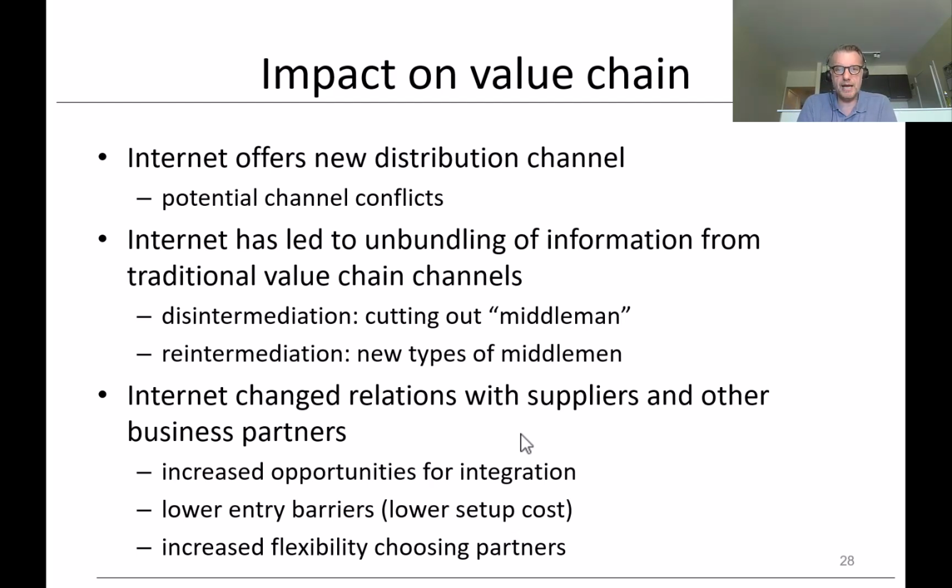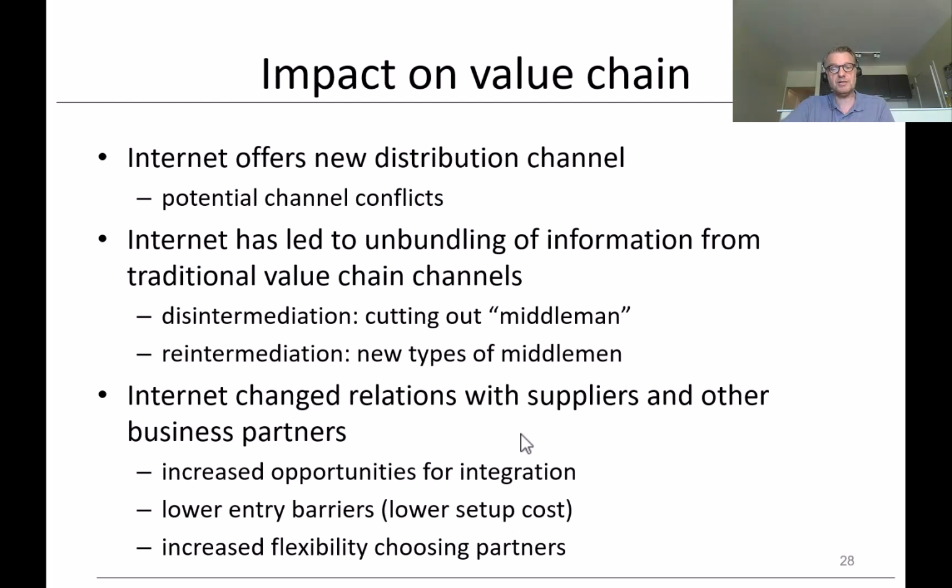Cutting out the middleman means that the distributors are no longer needed, the retailers are no longer needed, because now Nike can directly sell to customers on its website, use a third-party logistics provider, which is a new type of middleman, that's what we refer to as reintermediation, and use that third-party logistics provider to bring the shoes to the various home addresses of the customers.